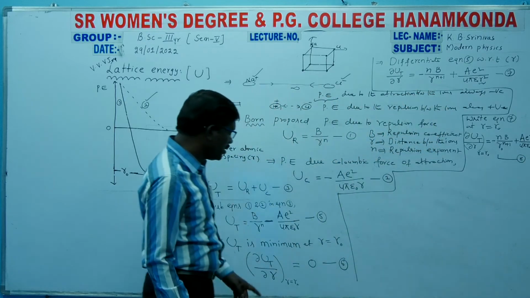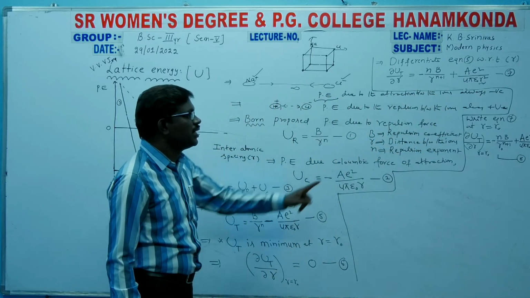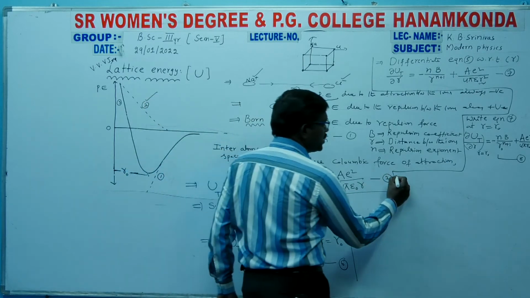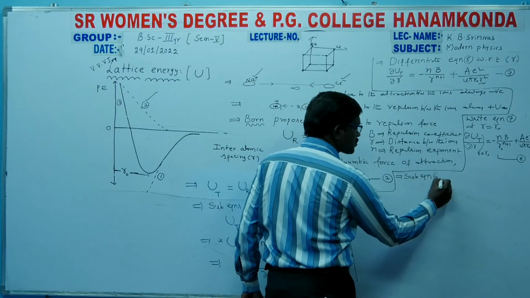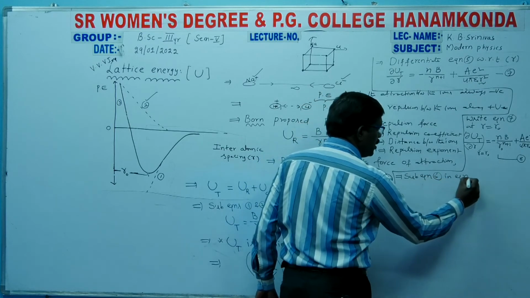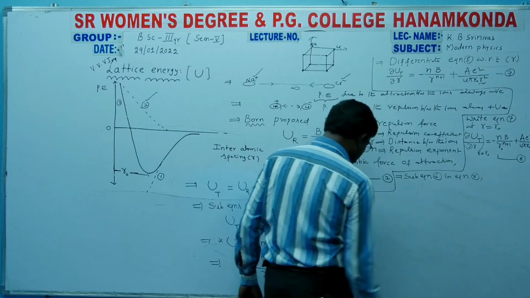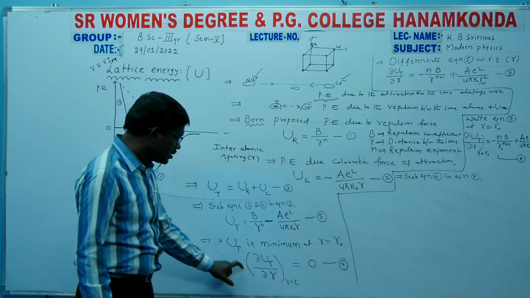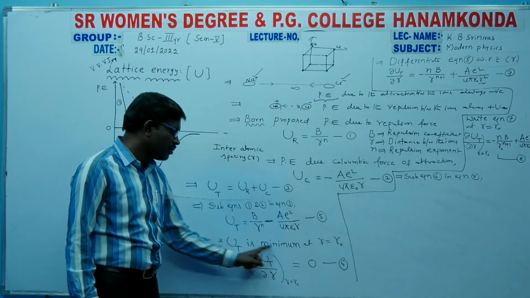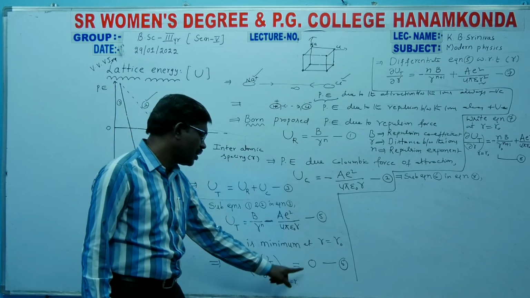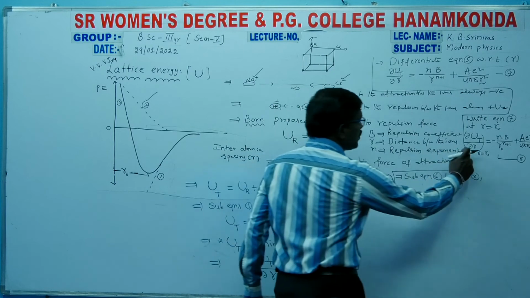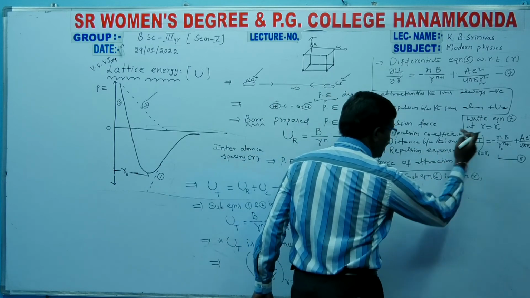Just compare equation 6 and 8. Substitute equation 6 in equation 8. What is equation 6? This one. That is dou U by dou r at r is equal to r naught equal to how much? 0. You can replace this LHS by 0.